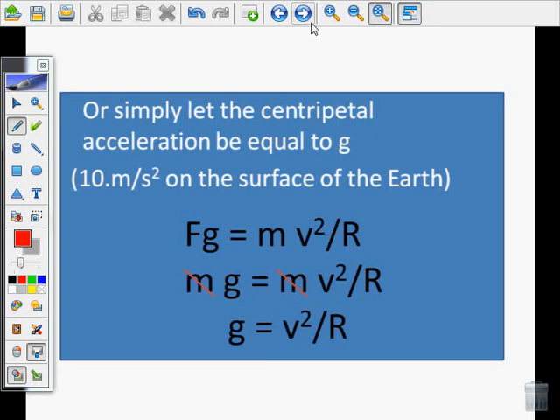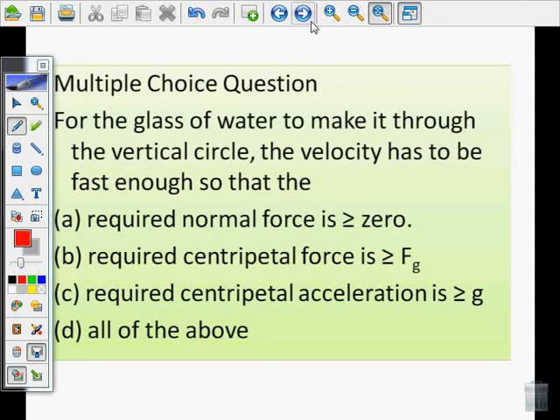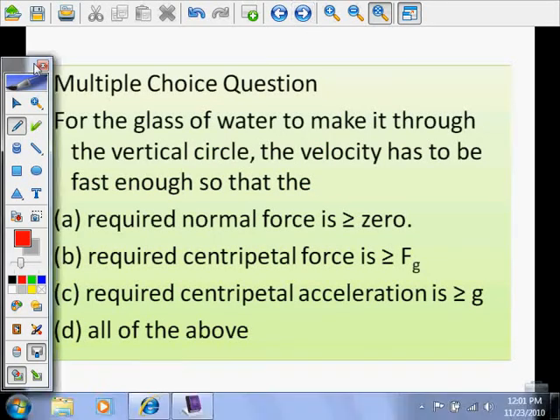Okay? Multiple choice question. For the glass of water to make it through the vertical circle, the velocity has to be fast enough so that A, the required normal force is greater than or equal to 0. B, the required centripetal force is greater than or equal to F sub g.